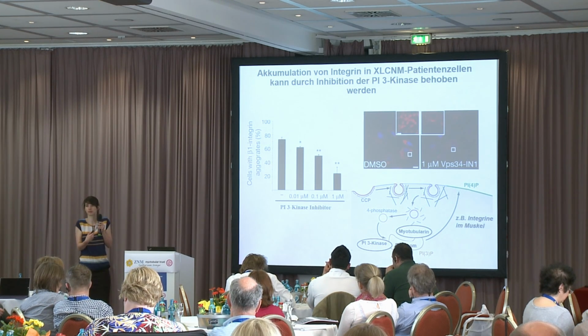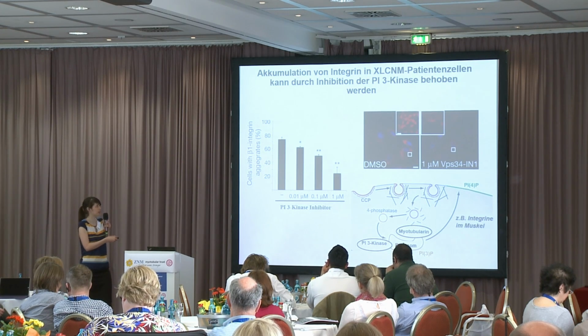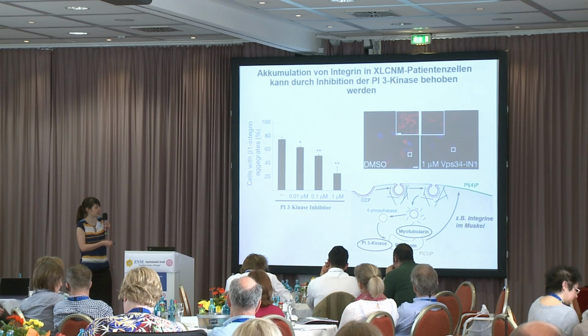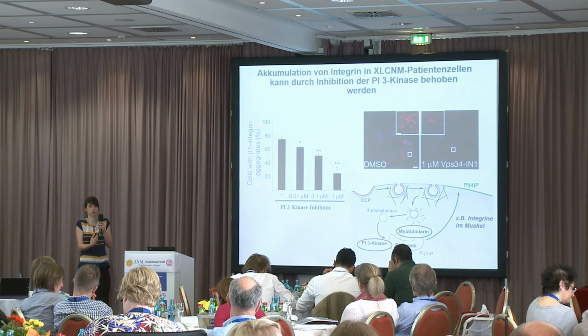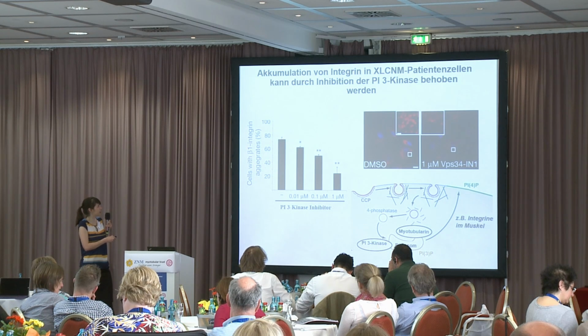Because the transport is inhibited, there are more and more of these integrins. Now, if the inhibitor of PI3 kinase is applied, then all of a sudden the accumulation of integrin can be stopped and can be helped.